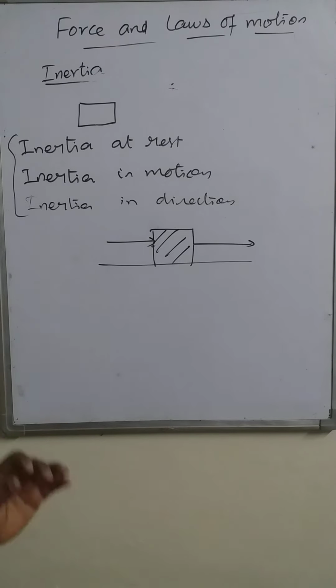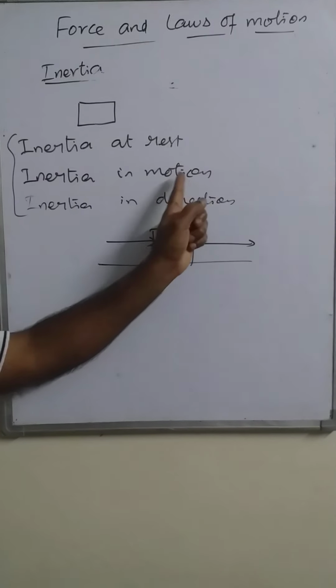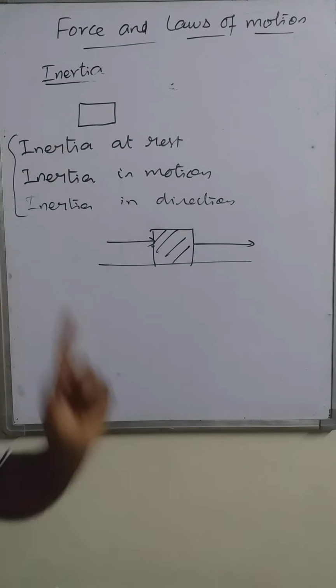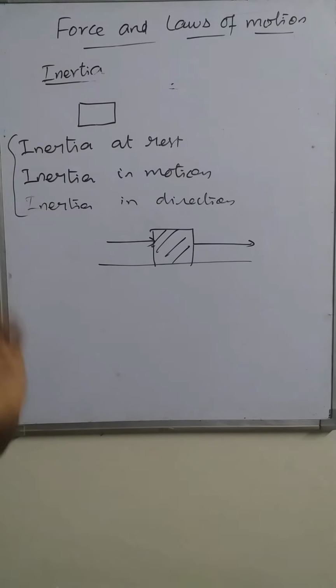It moves in the same direction with the same speed. Its speed will also not change. That we call inertia in motion and also inertia in direction. To change the direction also, force is required.